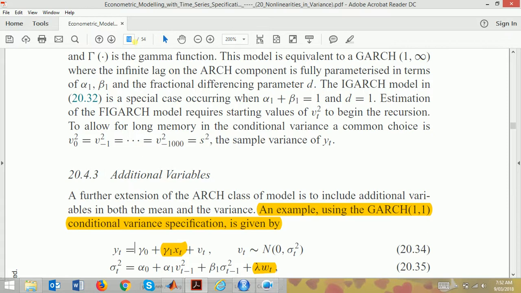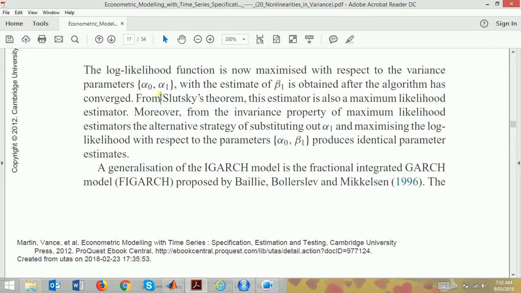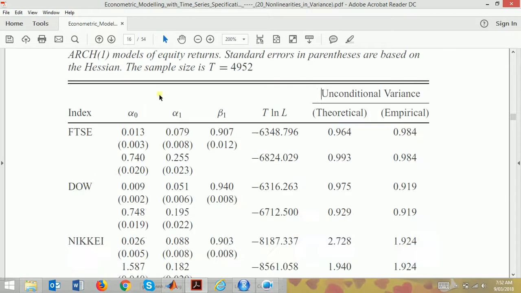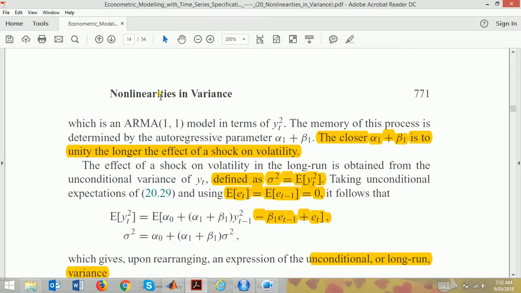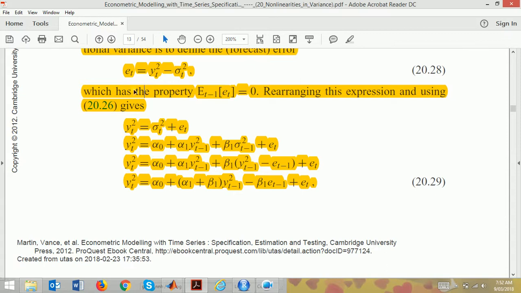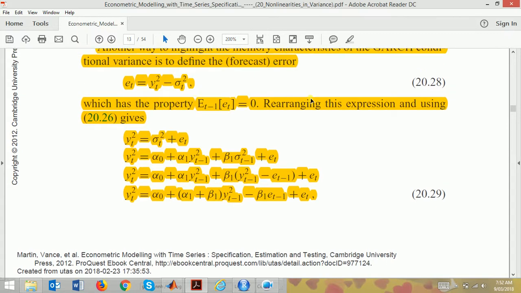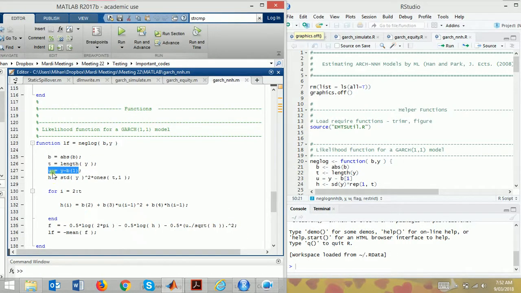I'm just going to quickly have a look. Kind of slightly lost it here. So y square minus sigma square, right? So here, y square minus sigma square, beta 1 is the sigma square.